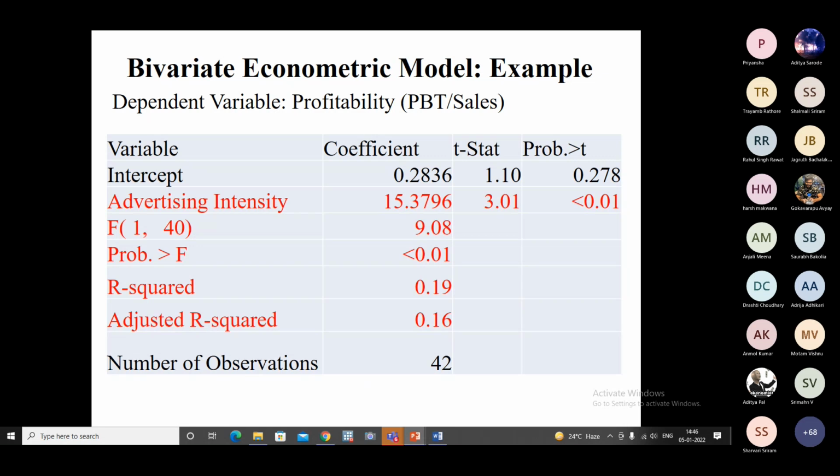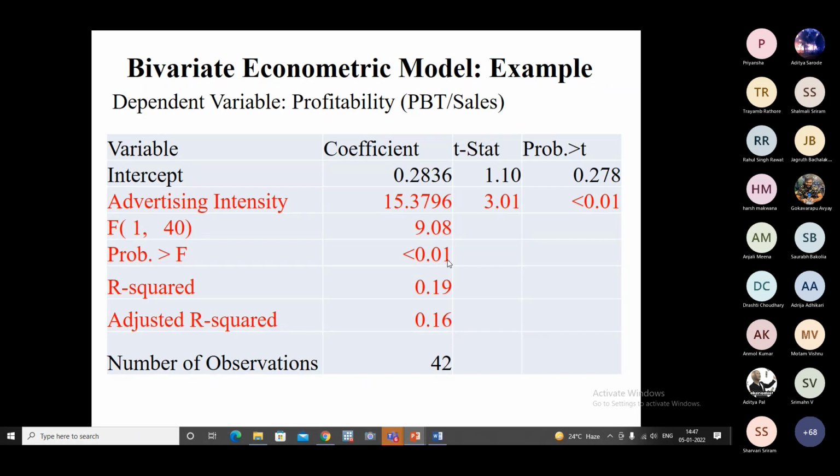Now important question here is, if there is any difference in the regression results. Now, if I just go back to the previous slide, what do I see? The estimated model is statistically significant. What is basically reflected in F? This is the F statistic, and this is the level of significance. It is less than 0.01.